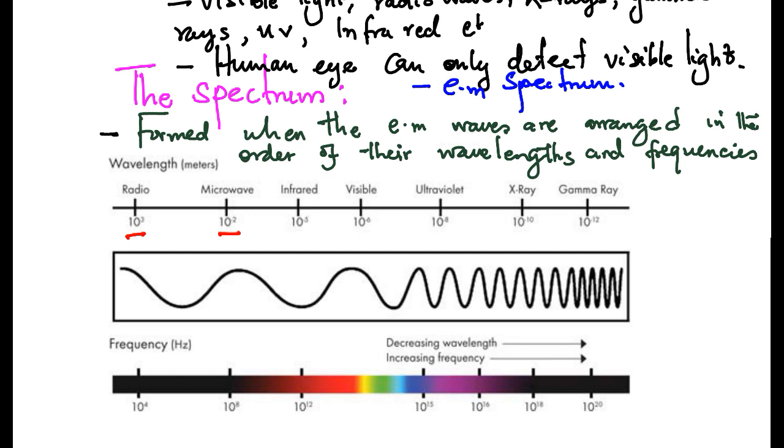Microwave has a wavelength of 10 raised to power -3.